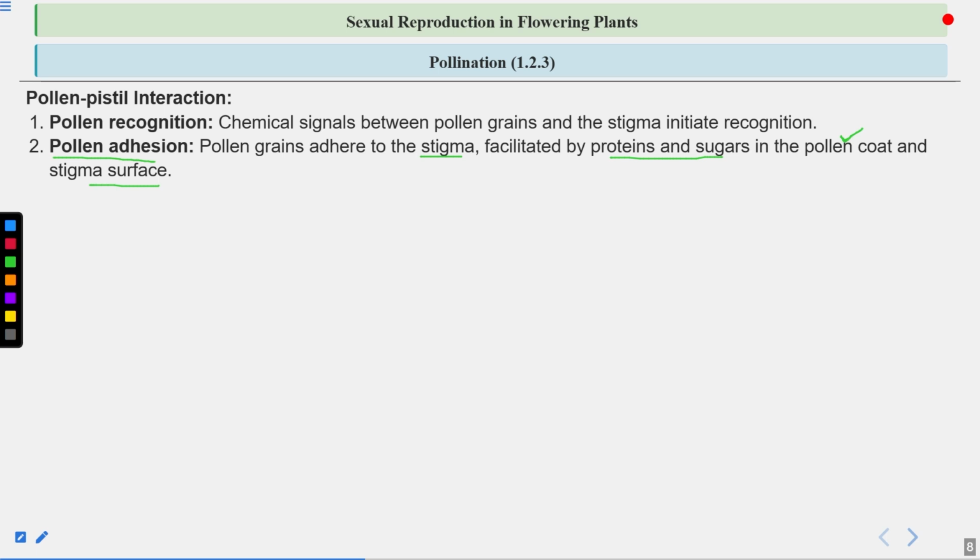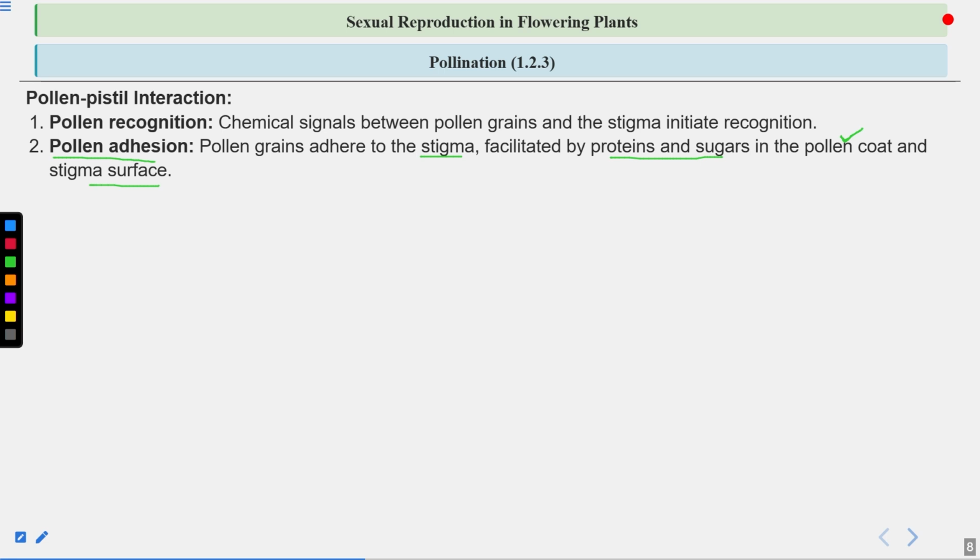The stigma also releases some sugar substances and proteins. Now, these proteins and sugars allow the pollen grain to adhere, meaning to stick to the surface of the stigma, with the help of the proteins and sugars released by the pollen coat as well as the stigma surface.